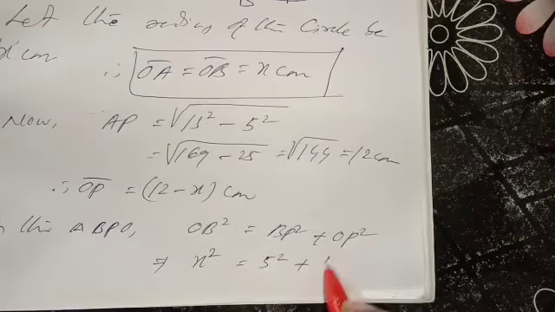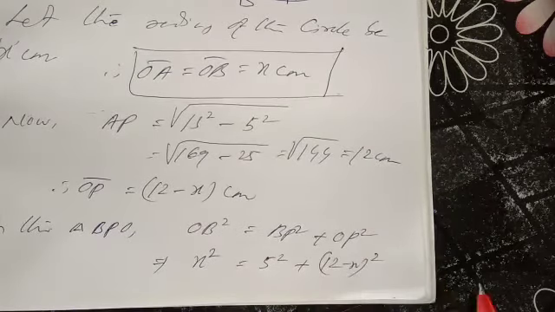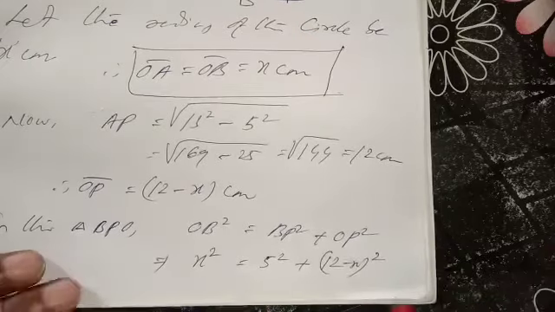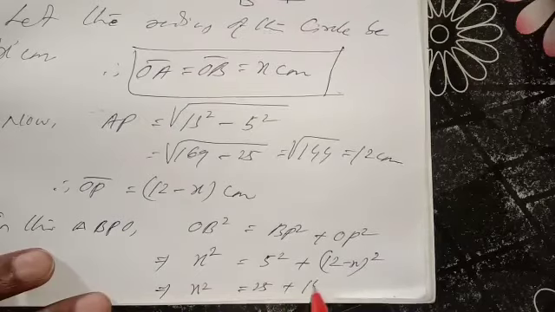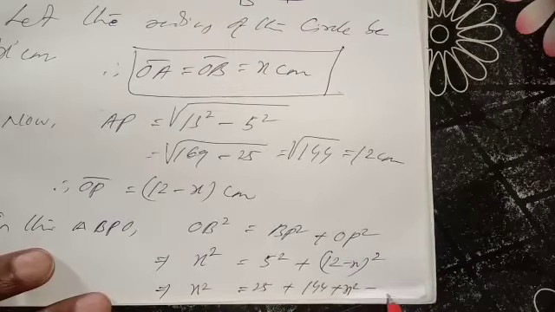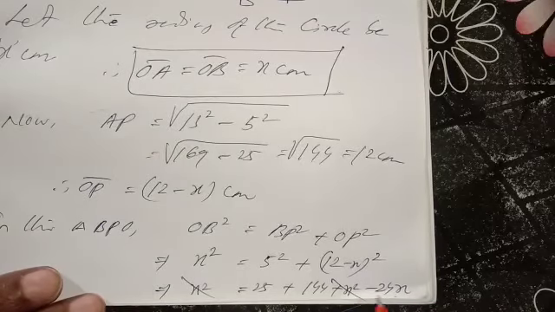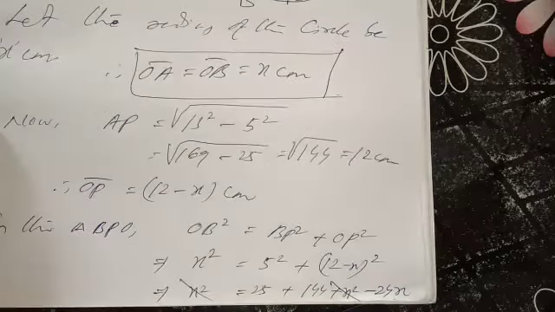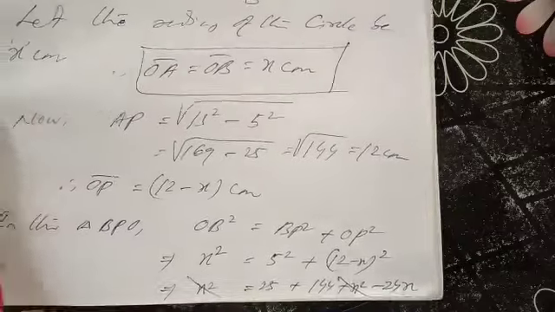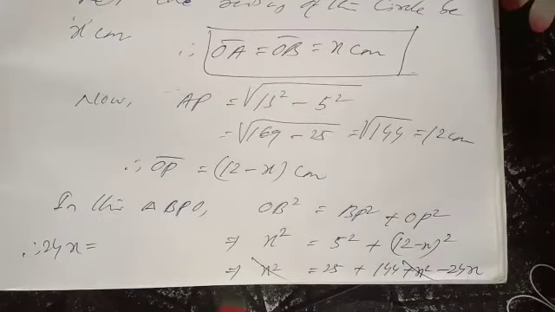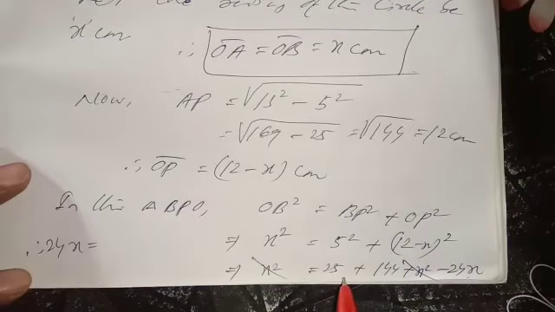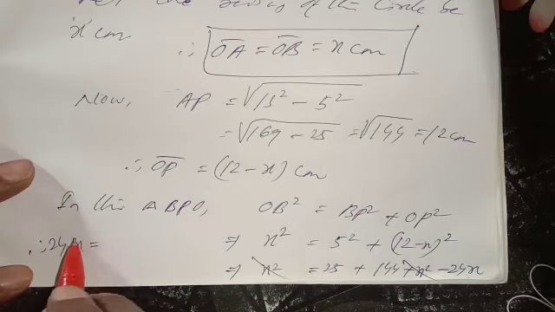OP equal to how much? 12 minus x whole square. You have to open the bracket. This is x square, this is 25 plus 144 plus x square minus 24x. So x square cancels out. This 24x we bring this side. Therefore, I am writing here 24x equal to how much coming? 24x is equal to 144 plus 25, that is coming 169.